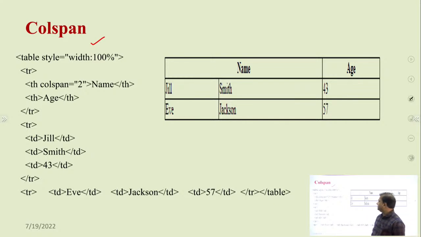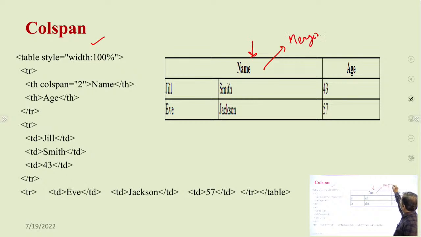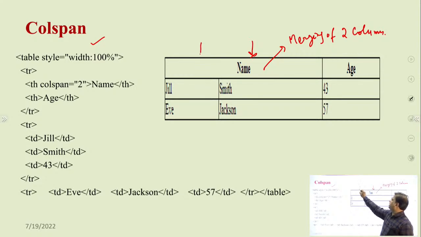The important thing is, you have to analyze what you want to do. What I see here is my table, and this is the merging of 2 columns. This is column 1, column 2.